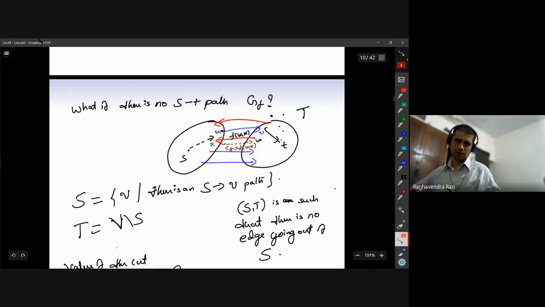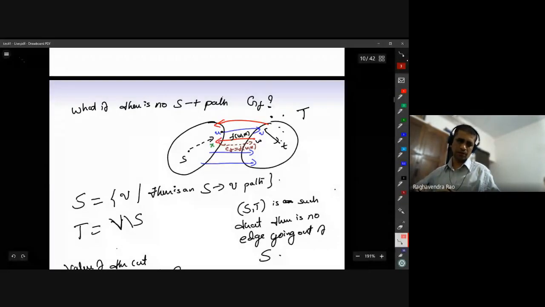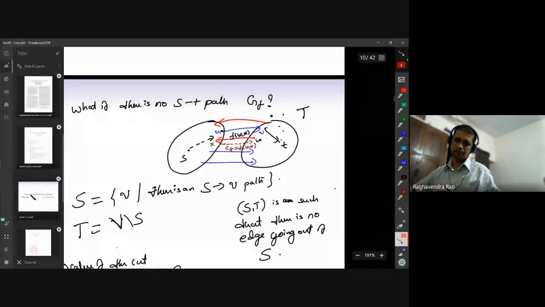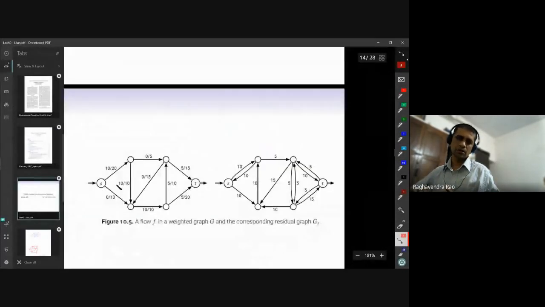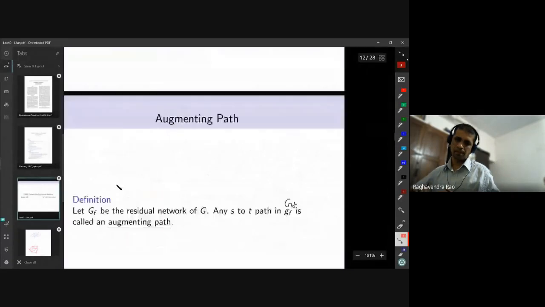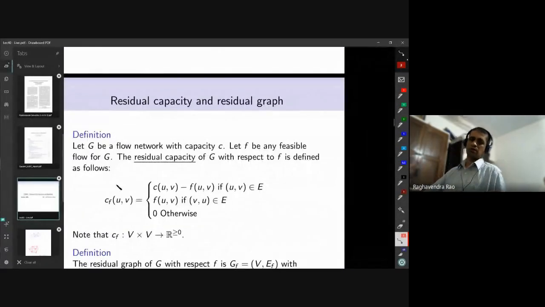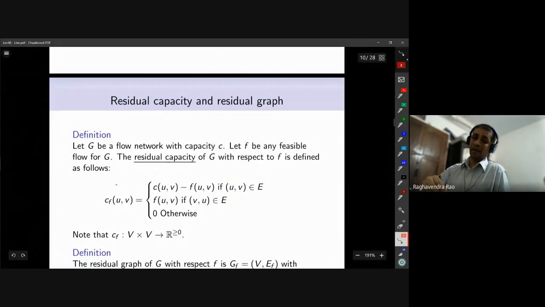Okay, so let me just see if I have that slide here. Yeah. If you look at the residual capacity definition, there are two ways the capacity of a pair would have been non-zero.